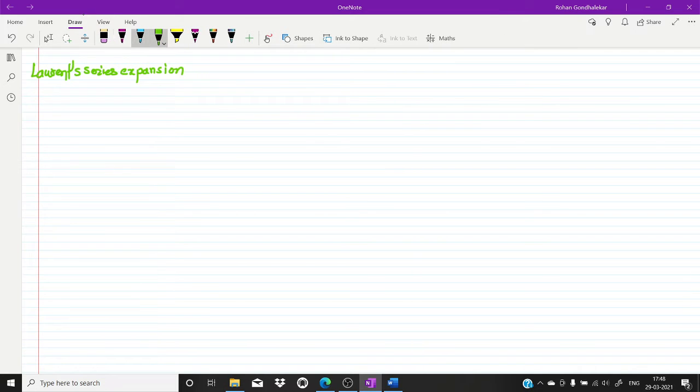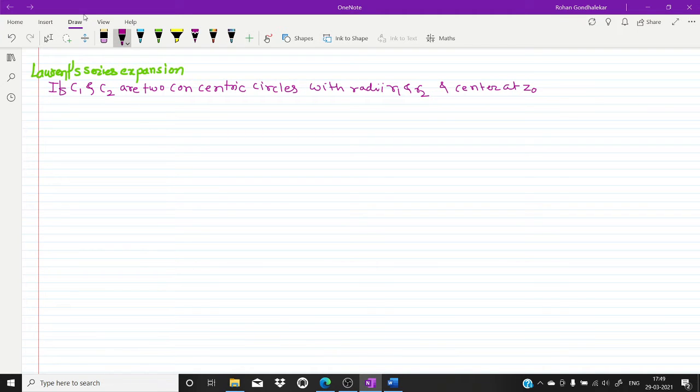In Laurent series expansion, see, if we have two circles C1 and C2 that are two concentric circles with radii R1 and R2 respectively, and center at Z0.